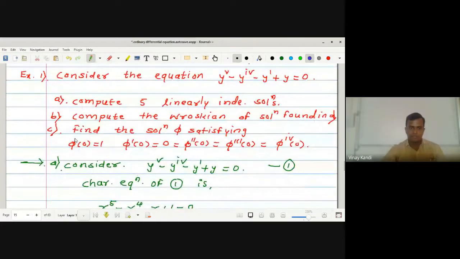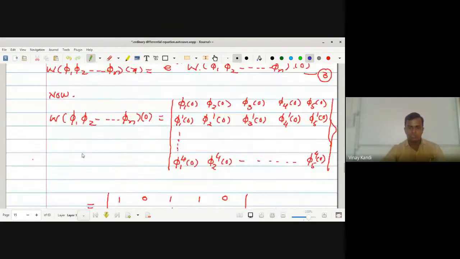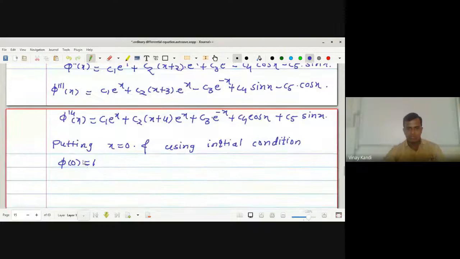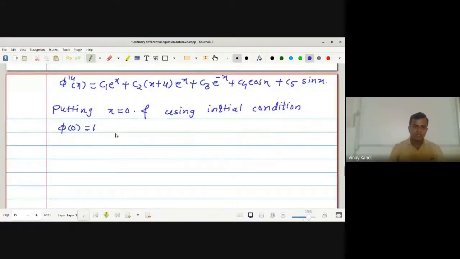Wait a minute. Phi of 0 is 1 and all other values are 0. So phi 1 dash of 0 is equal to phi 2 dash of 0 is equal to phi triple dash of 0 is equal to the fourth derivative at point 0, which is equal to 0. Okay.